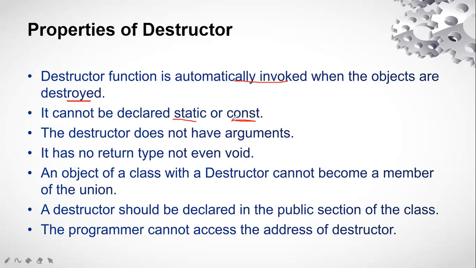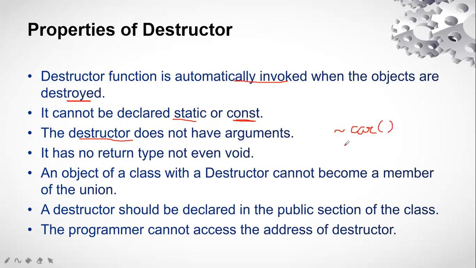Second point, it cannot be declared as static or constant. This we have to remember because this is a special member function. It is not a common function which can be declared as static or constant. Third point is the destructor does not have arguments, right? That means if the class name is car, the destructor name is also car with the tilde sign, and then the parenthesis.